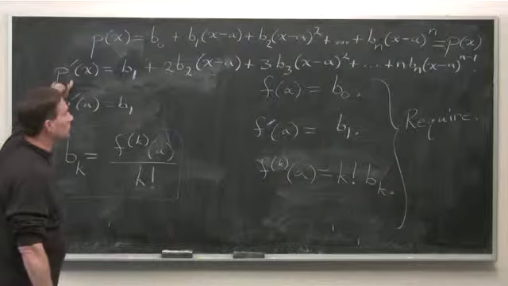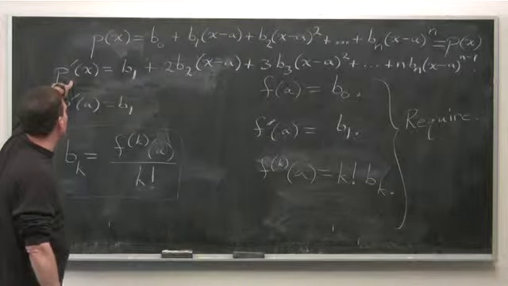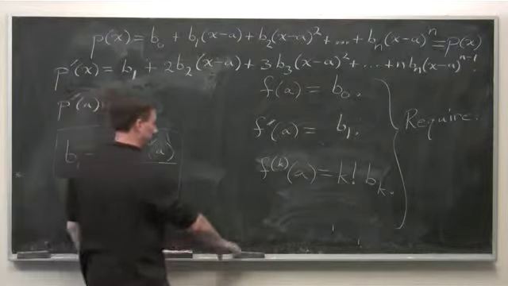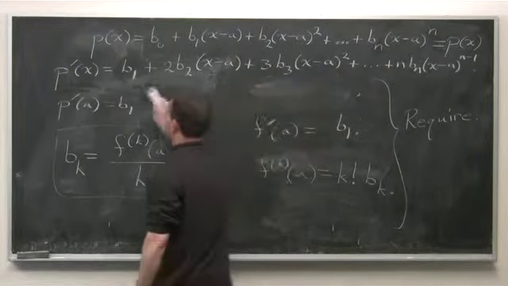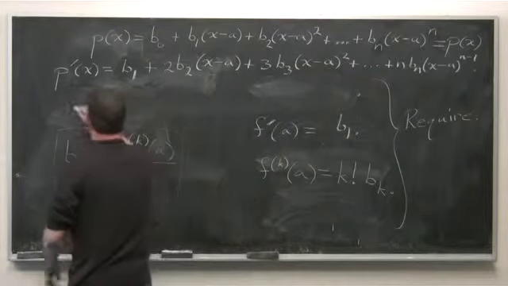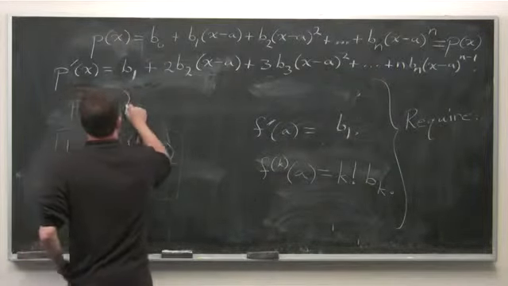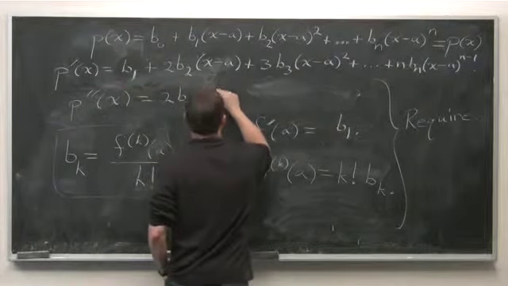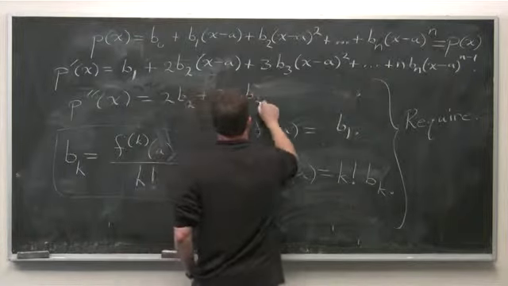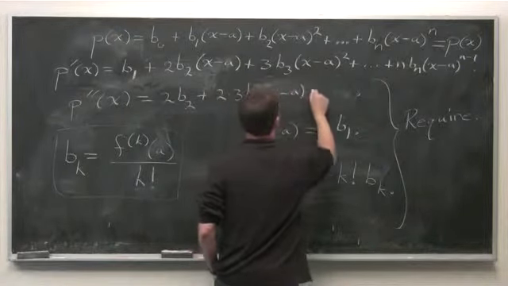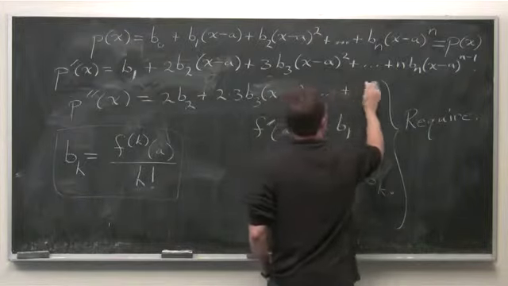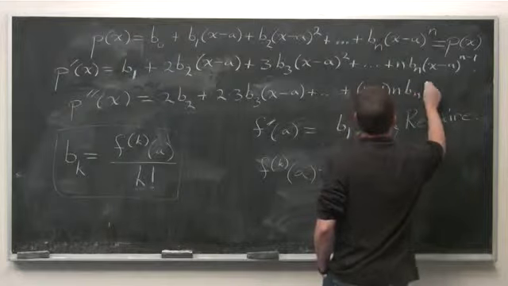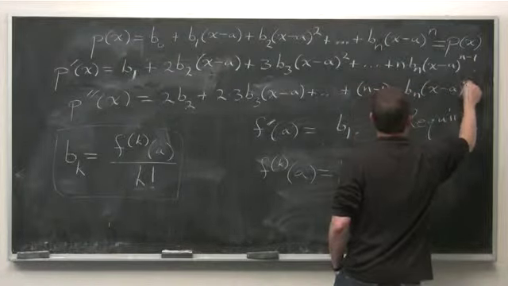For instance, take another derivative of this line. So what do you get? You'll get p double prime at x is 2b2 plus a 2 times 3 times b3 times x minus a plus, up to an n minus 1 times n times bn times x minus a to the n minus 2.